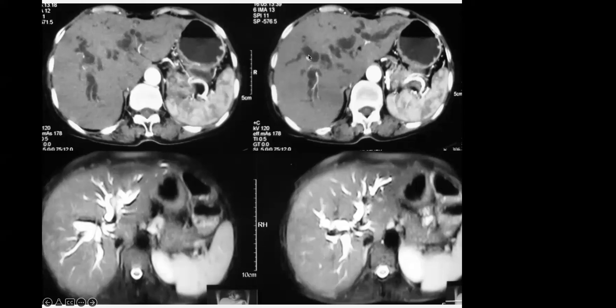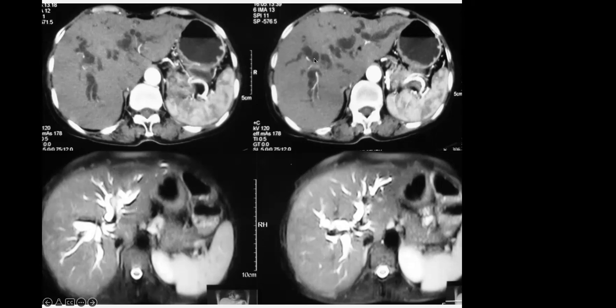Can anyone tell us what are these black areas and what are these white areas? The black areas are the bile content, and the white areas are the arterial parts. Well done, perfect.